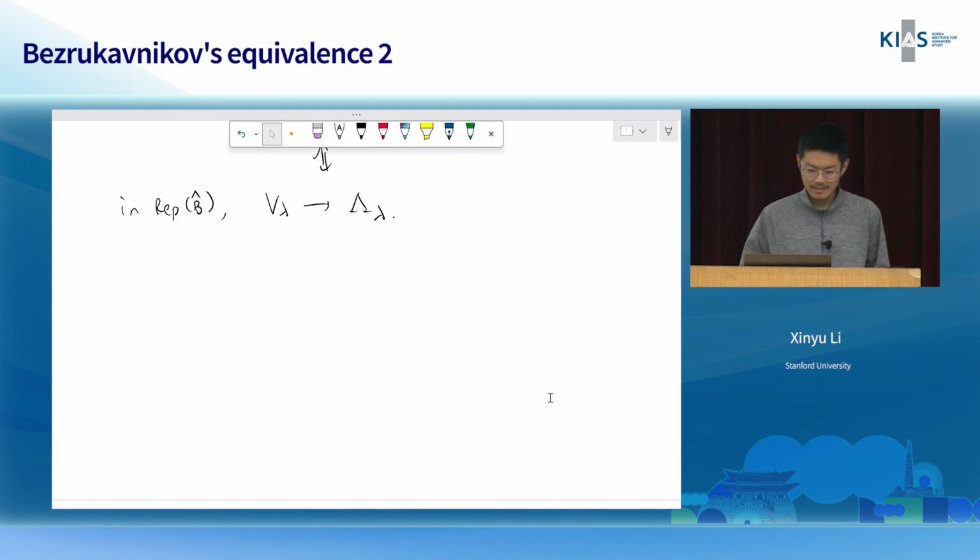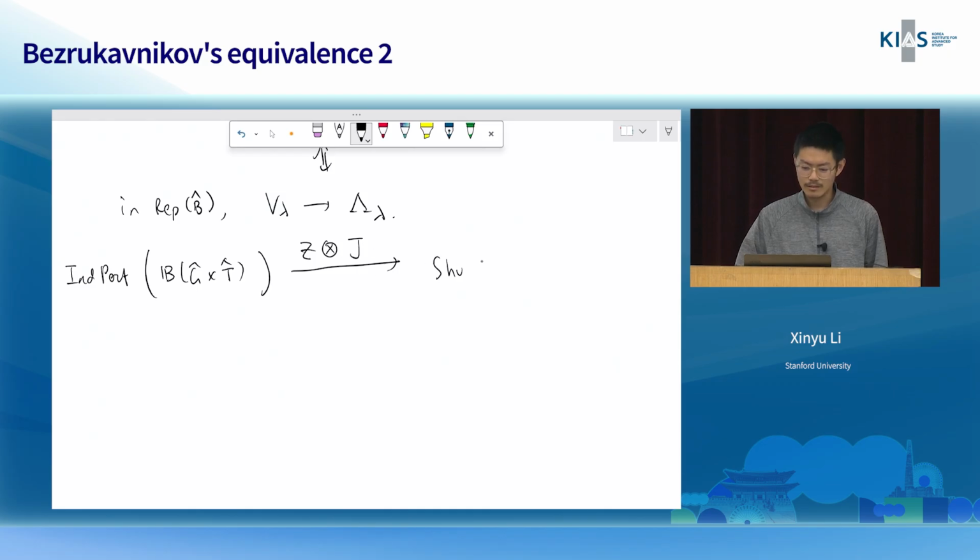Okay, so now we have enough data to construct the spectral action. So we start from just the representations of G and T. On the G part, we can take the central sheaf, and on the T part, we can take the Wakimoto sheaves.